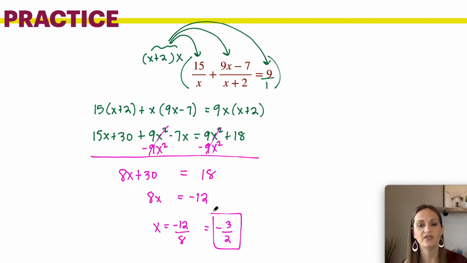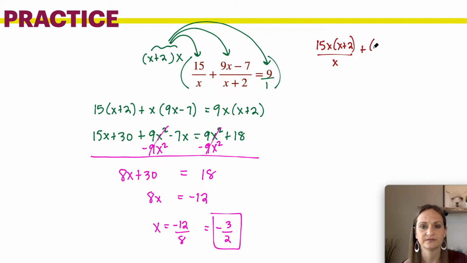Now, the other way to have done this is when I distribute this x plus 2 times x, I'm going to go ahead and just write that over the original denominator.